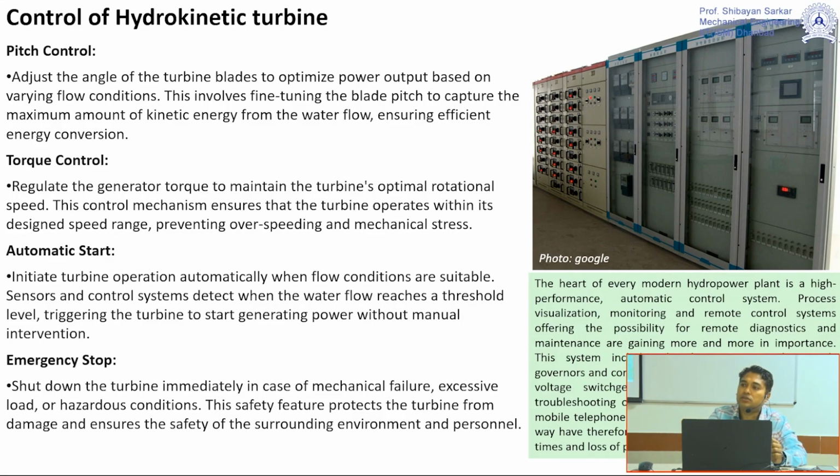Sometimes I can also stop the turbine and uplift it. You can uplift the turbine vertically, or by tilting, coming out of the river water. Individually you can do it, with the whole set you can do it.